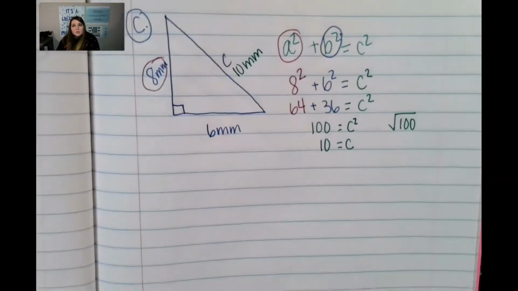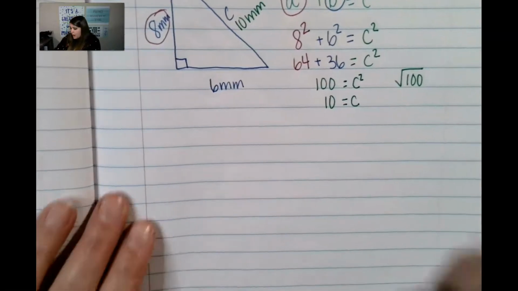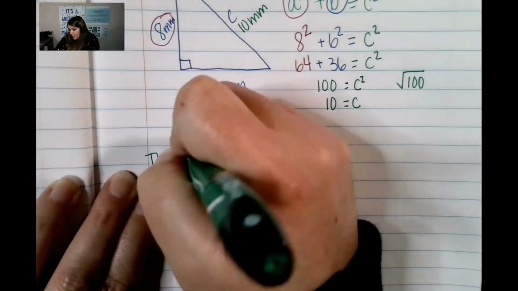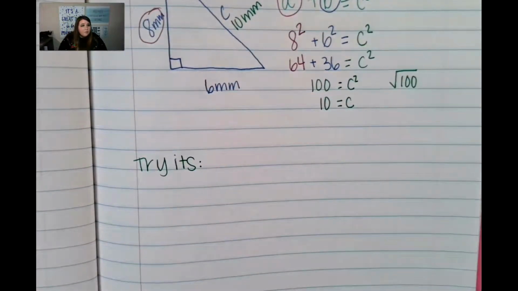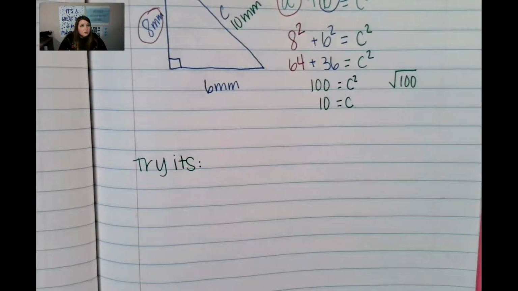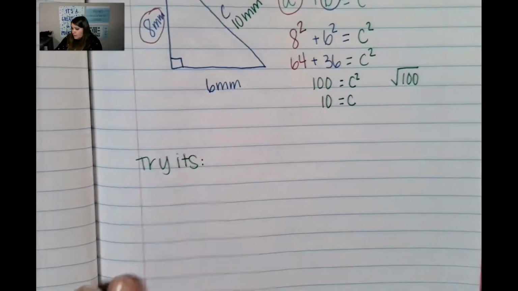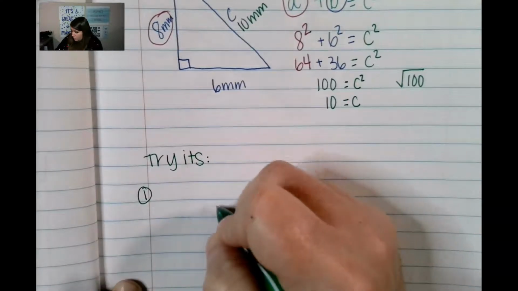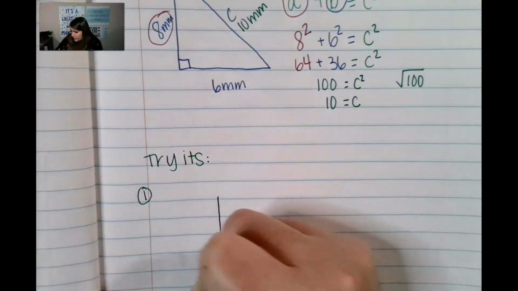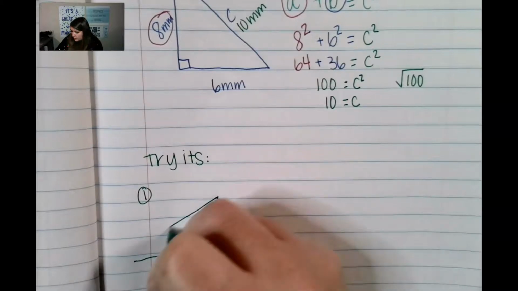Okay, it is your turn now for a try it. So let's go ahead and give you some try its here. So the first try it that I would like for you to do says that you have a triangle that is drawn like this.